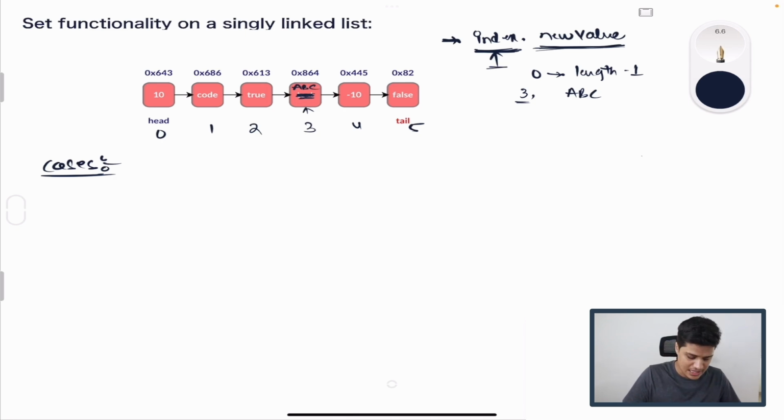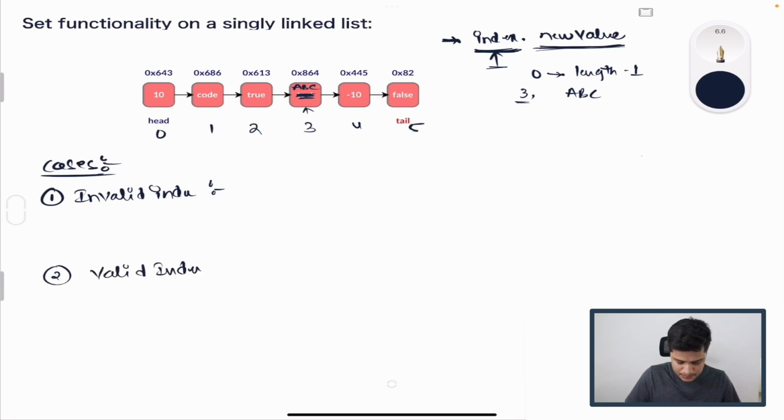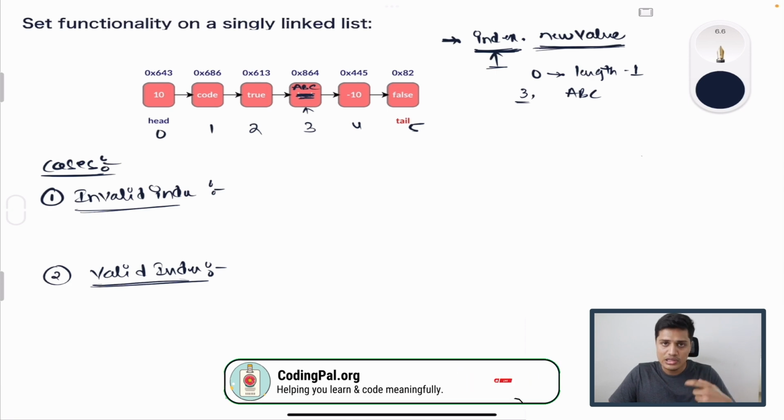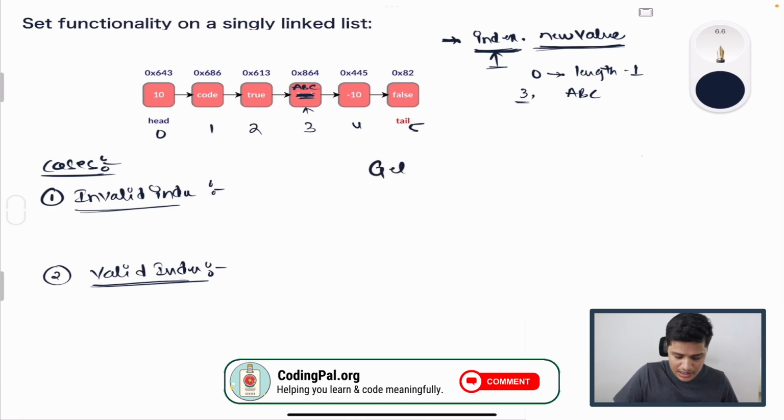So the different cases would be, first would be to check if it is an invalid index, and the second condition would be to check if it is a valid index. So we have to handle these two scenarios. But the thing is, by handling all those scenarios, we have already implemented a functionality called get functionality.